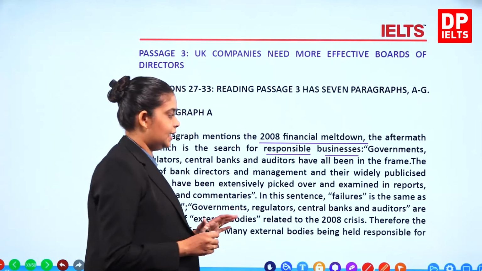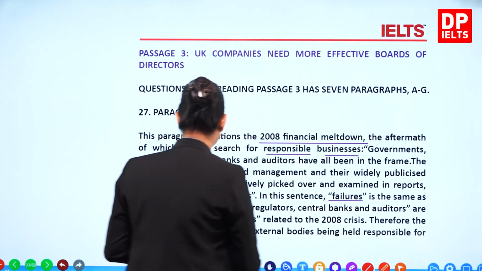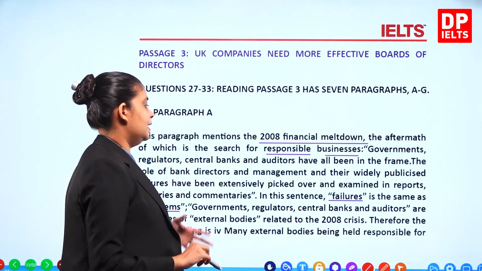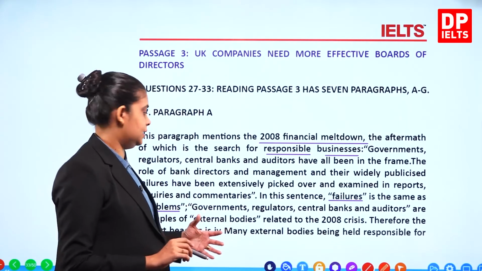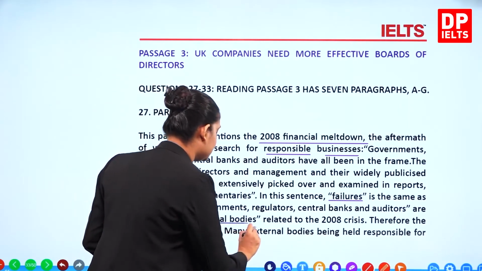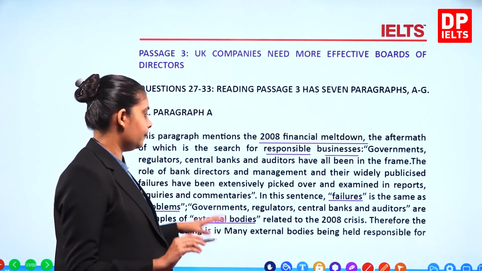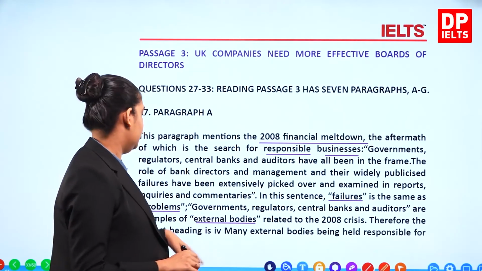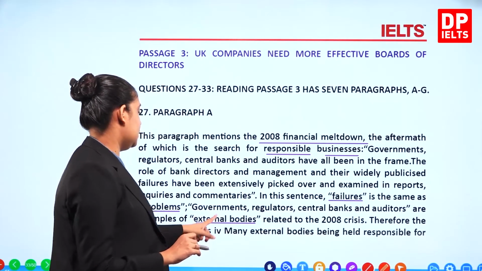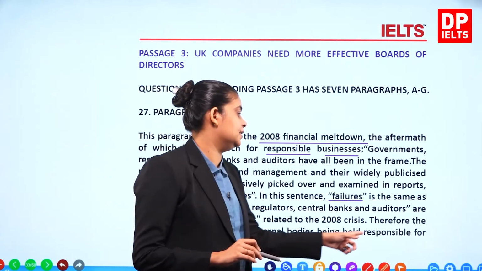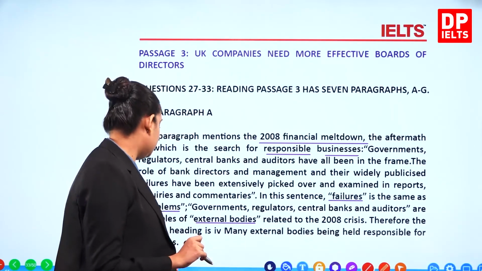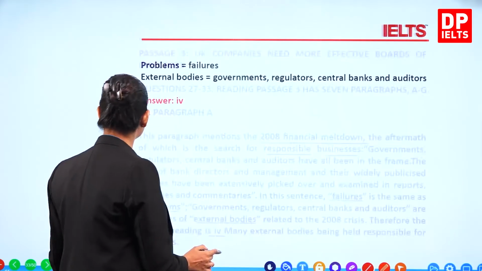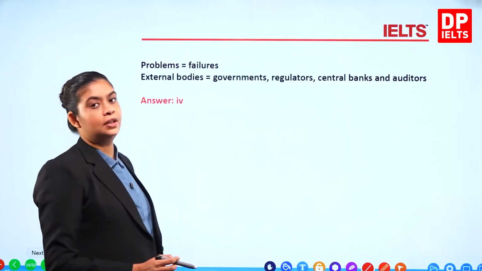So in this sentence, failures is the same as problems. Governments, regulators, central banks, and auditors are examples of external bodies. And this is related to the 2008 crisis. Therefore, the correct heading is number 4, many external bodies being held responsible for the problems. Right? So, answer 4.